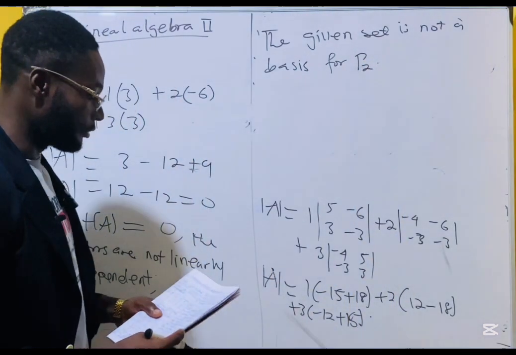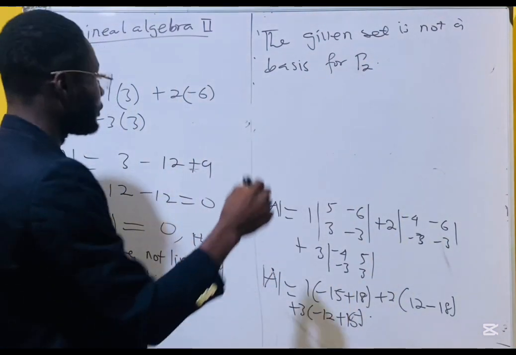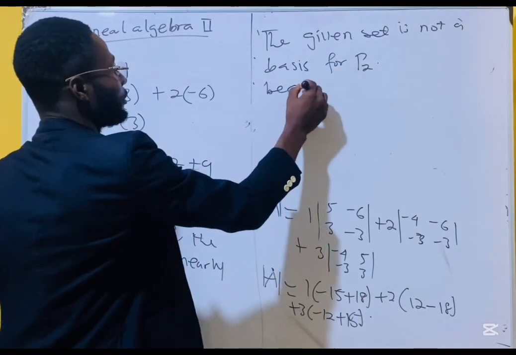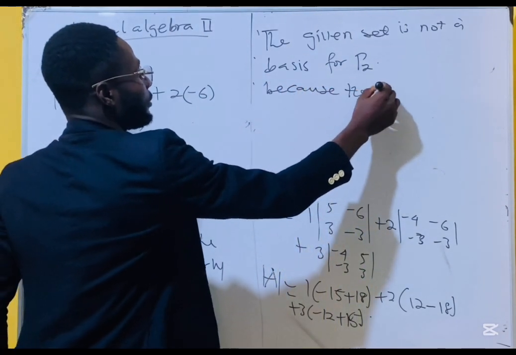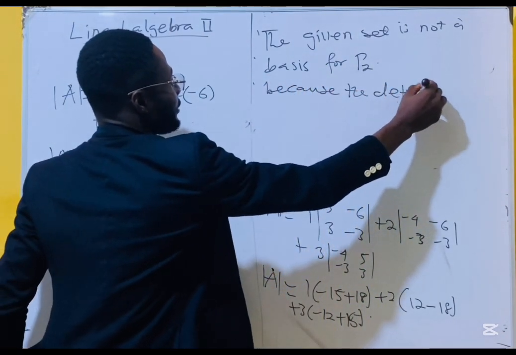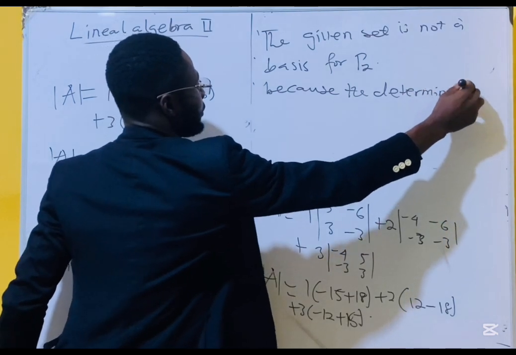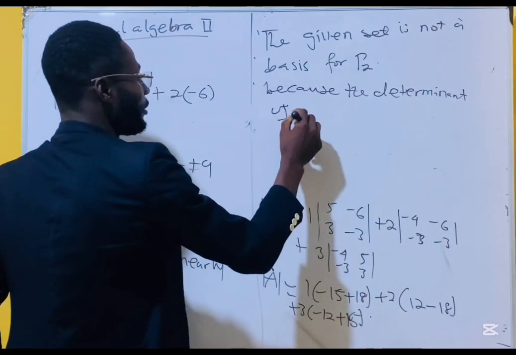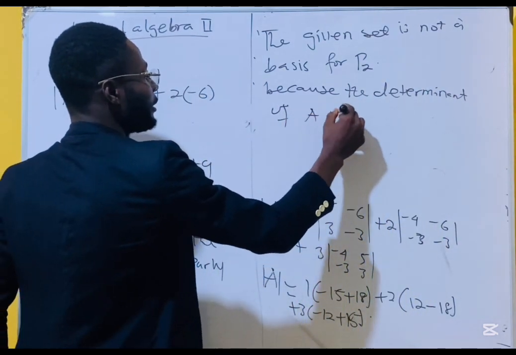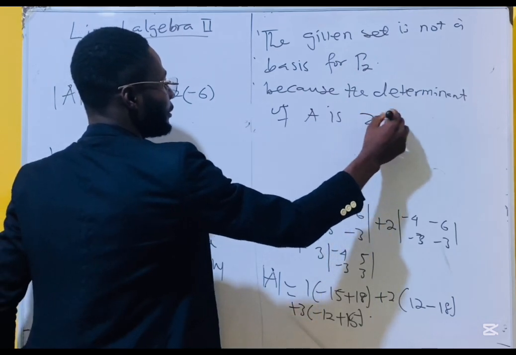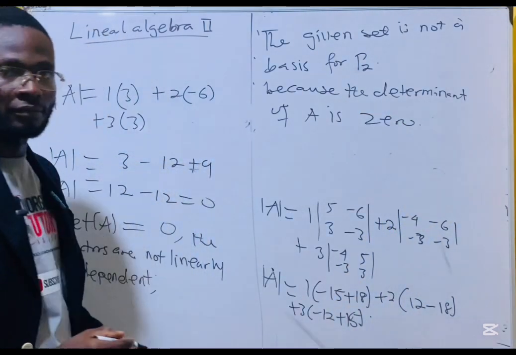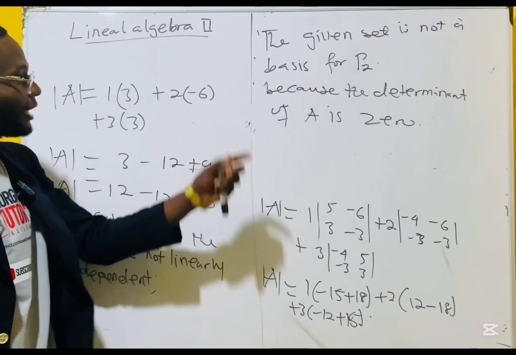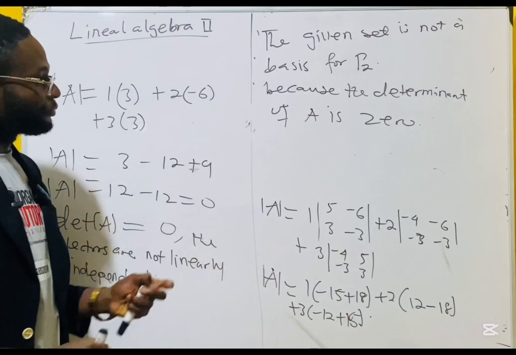It's not a basis for P2 because the determinant of A is 0. Okay, so that is question number 4.